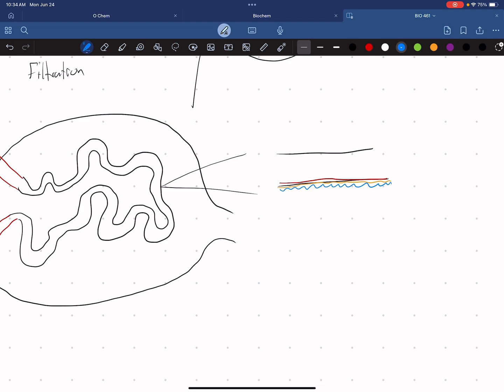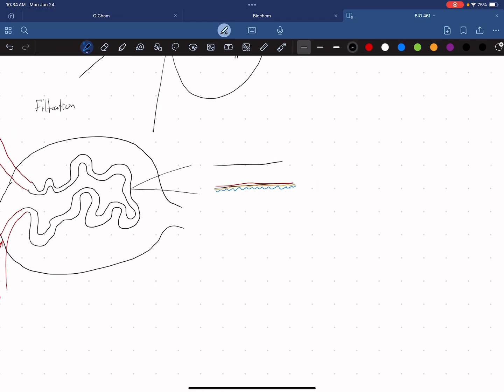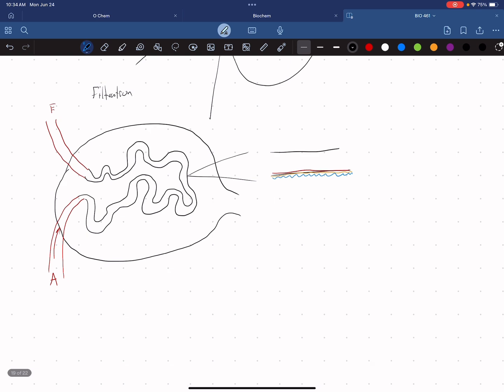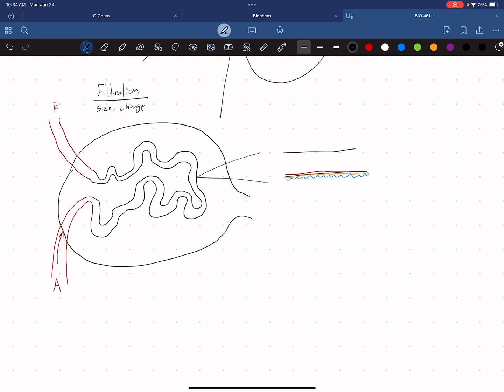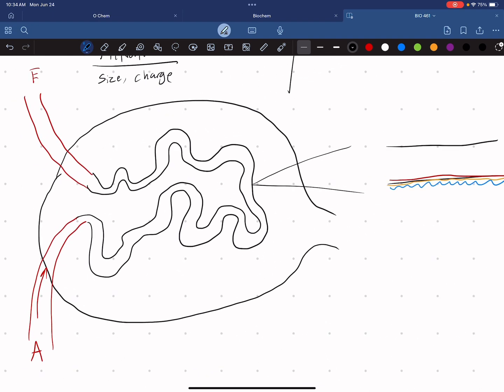And so the thing about filtration here in the Bowman's capsule is that it is based on two things. It is based on size and charge. And so unlike the kidney cells that are specific with transporters, filtration just happens based on how big the molecules are and the charge that they have on them.